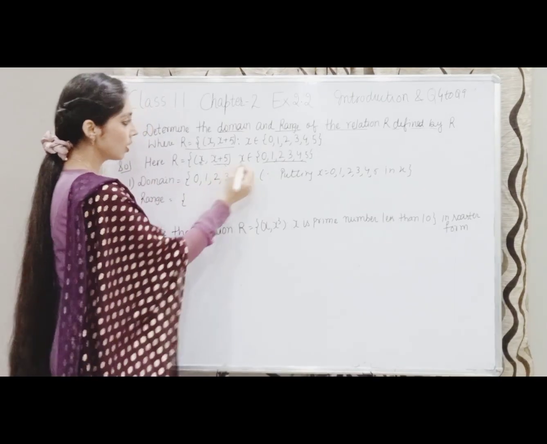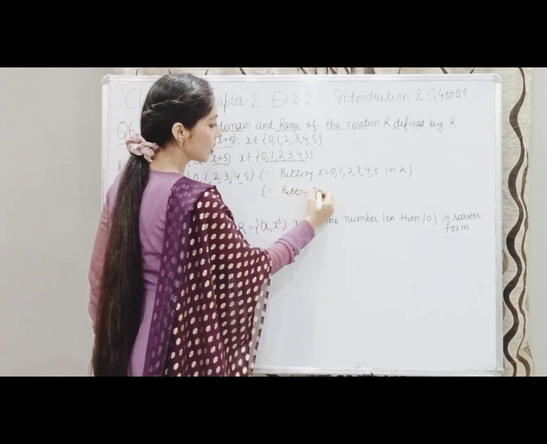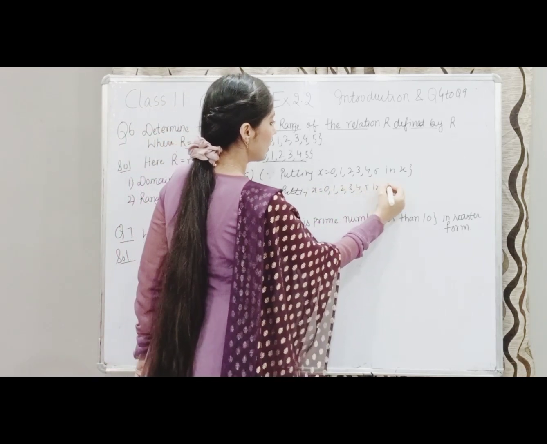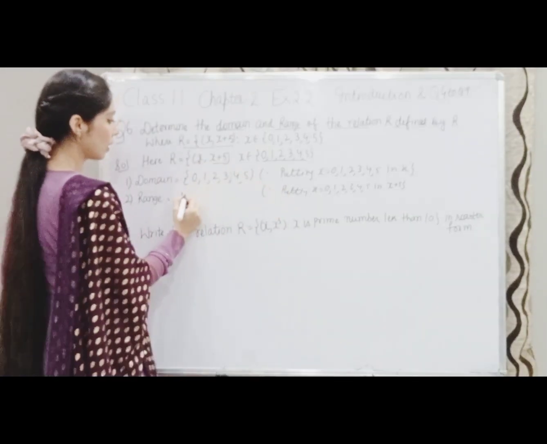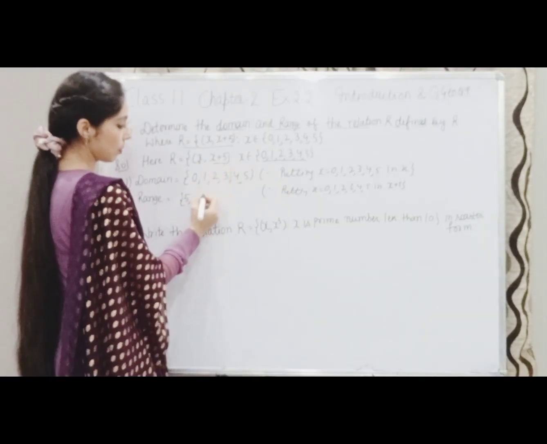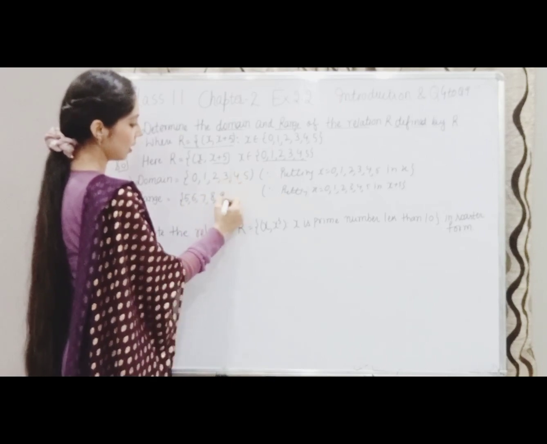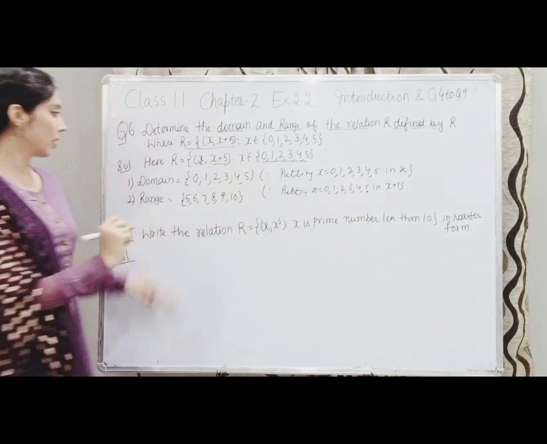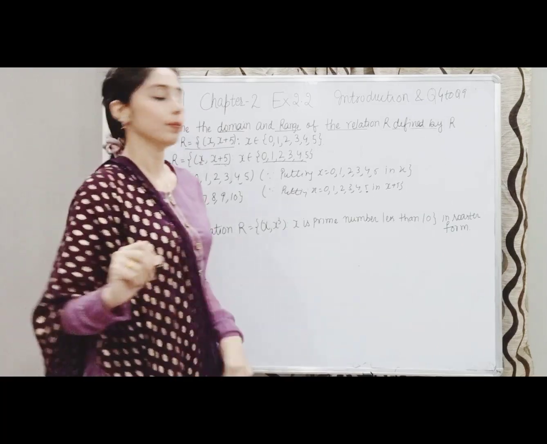So, we will put the values x equal to 0, 1, 2, 3, 4, 5 in x plus 5. What will we get? 0 plus 5, 5. 1 plus 5, 6, 7, 8, 9 and 10. Last, 5 plus 5 will be 10. So this is the domain and range of this particular relation.